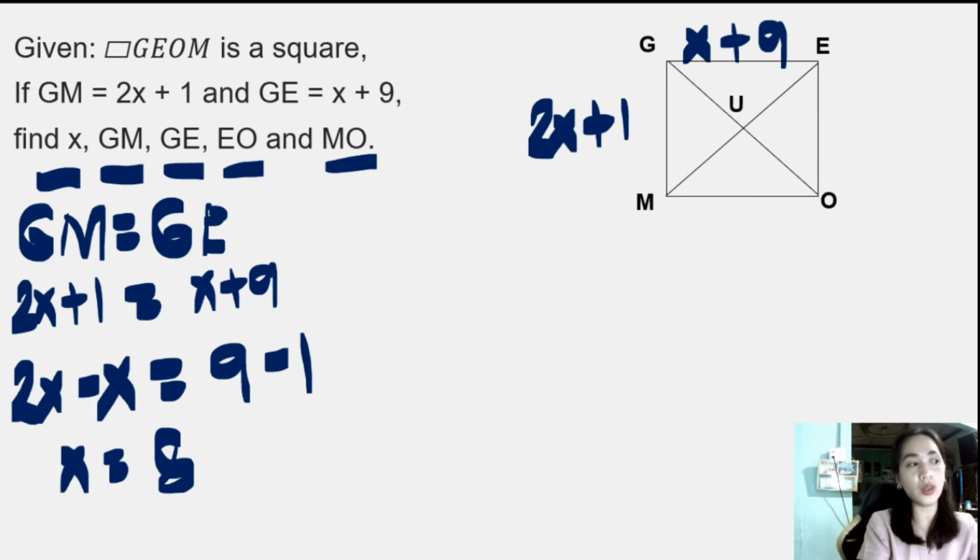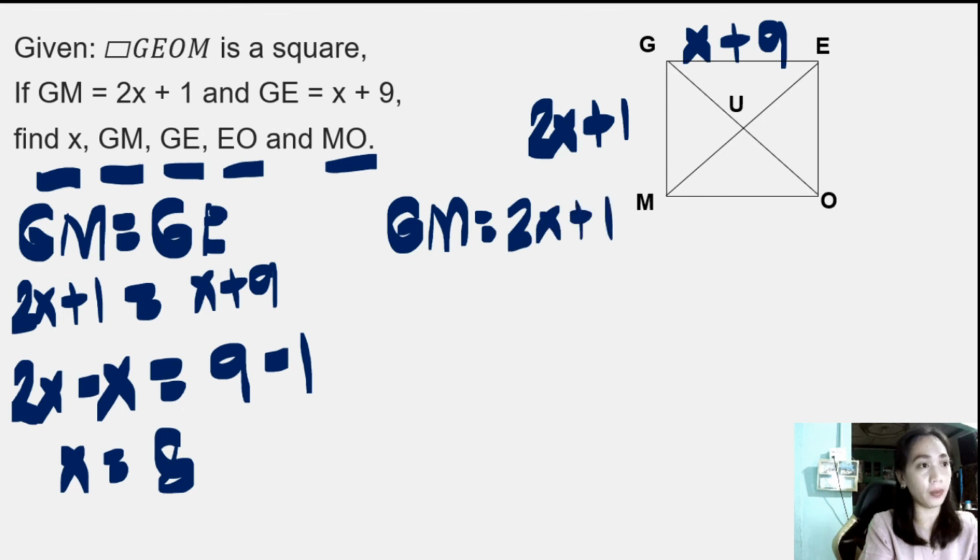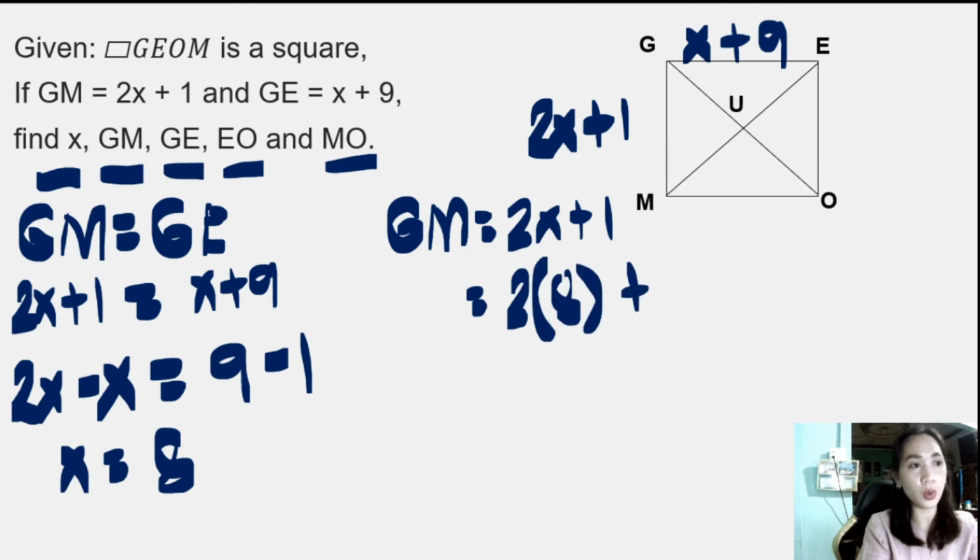Since the value of x is 8, you substitute it into the value of GM. GM is 2x plus 1, so replace x by 8. 2 times 8 plus 1. What is 2 times 8? That is 16, plus 1.